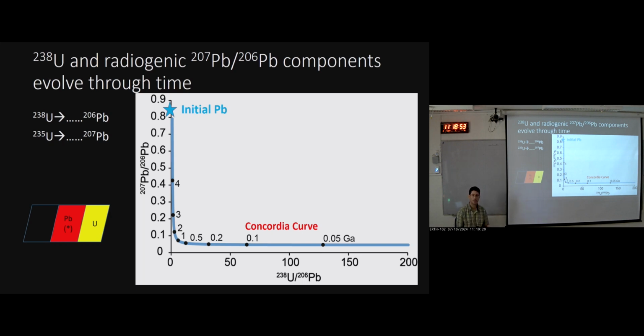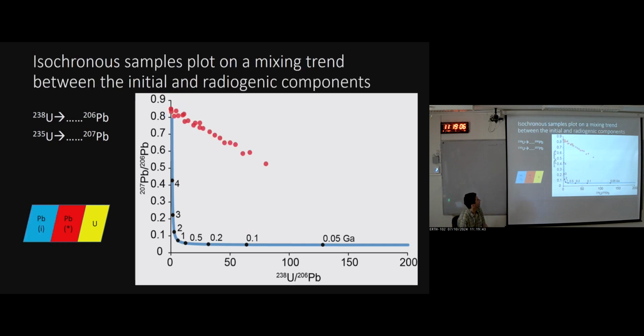And now let's imagine that we take a bunch of minerals that have different uranium and lead ratios, and they all formed at the same time, and then we measure them after some time. These minerals are expected to plot along a trend that reflects a mixing between these two compartments, between the initial or common lead compartment and some point along the Concordia that reflects the time over which they evolved. Right?